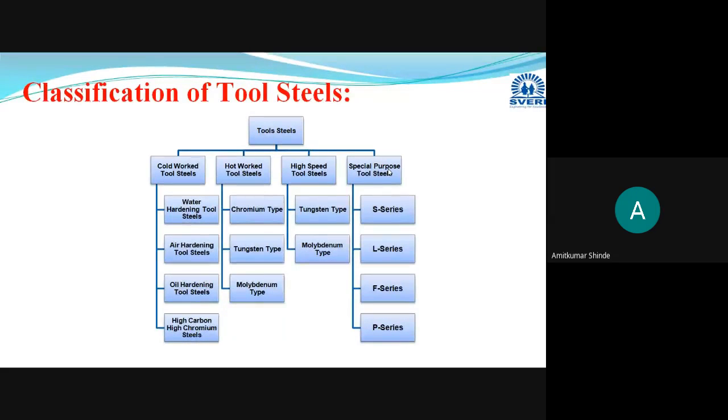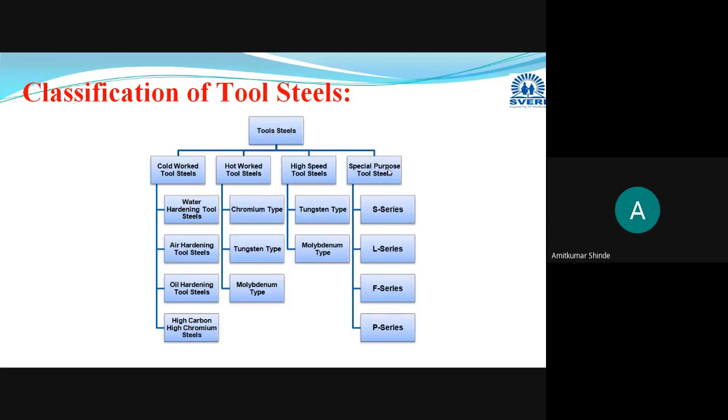Compulsory minimum two tool steels they will ask you in the examination. Out of these, I think approximately 13 subtypes are there of these tool steels. Out of these 13, minimum two subtypes they will ask, and you have to write composition, then its properties, and then its applications. Okay, minimum two, and sometimes they have asked five or six types also.